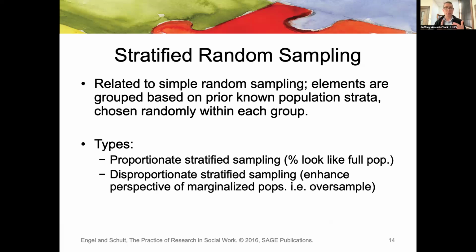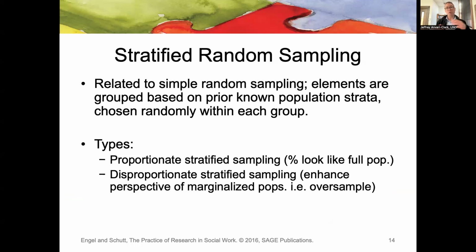So you've got to define, well, what's frequent, where are they sharing, and what are we terming as money, or is it in-kind stuff? And so you randomly choose from within this subgroup. This is a proportionate type of stratified sampling, where you've got a percentage that looks like the full population.